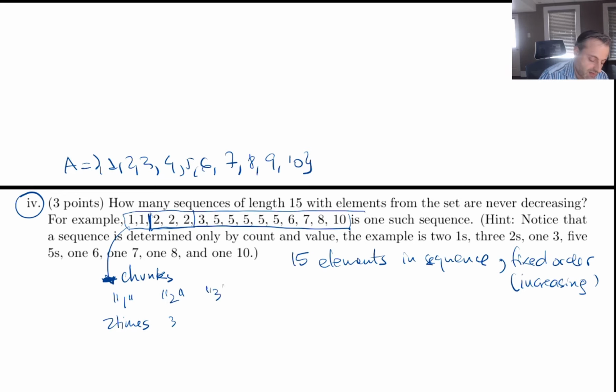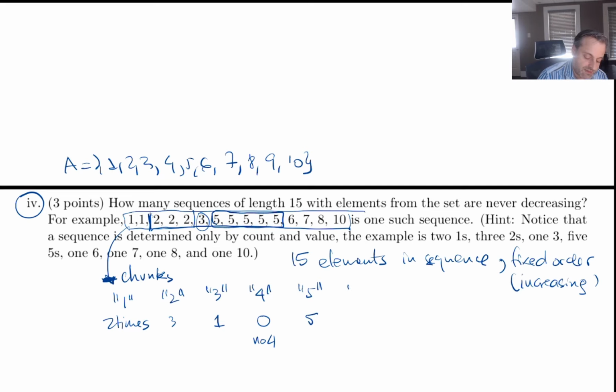Then I have 3 that is only 1 time. You see the 3 right here. Then I have 4. I'm going to include 4. 4 is 0 times, right? Because there is no 4. And then I have 5. That's a big chunk of 5s right here. So that is 5 of them.